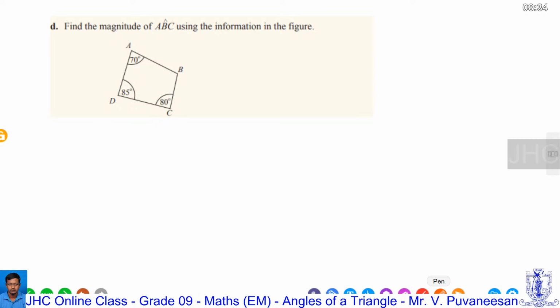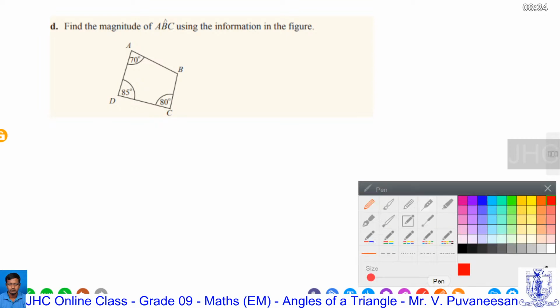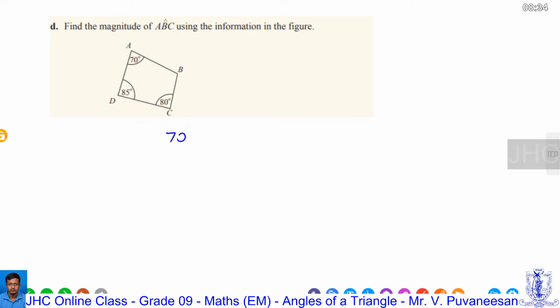So the sum of these four angles, 70 plus 85 plus 80 and ABC that we have to find, these are the four interior angles of the quadrilateral. The sum of these is equal to 360 degrees.